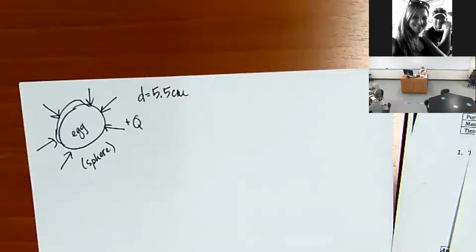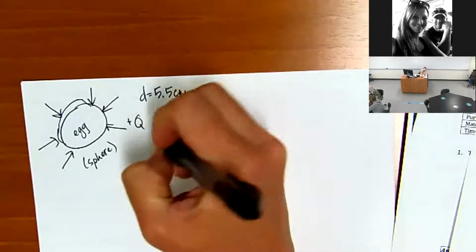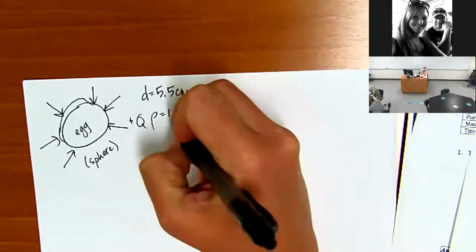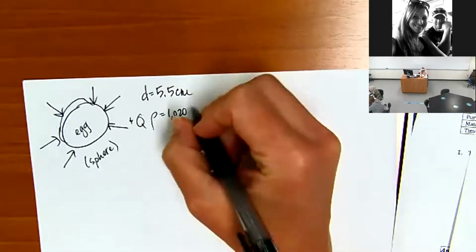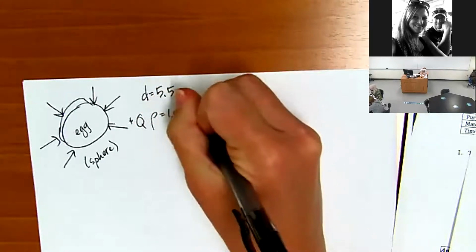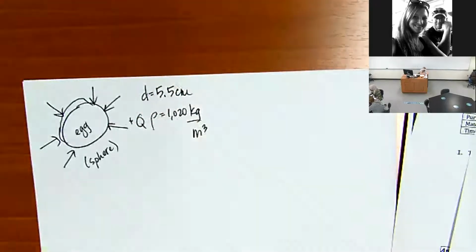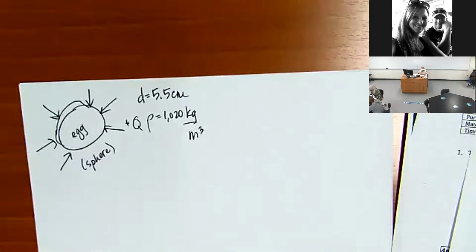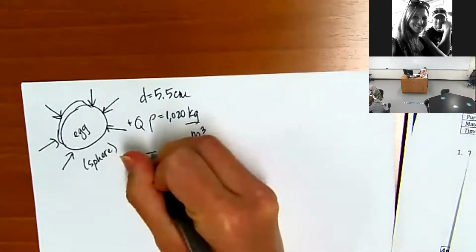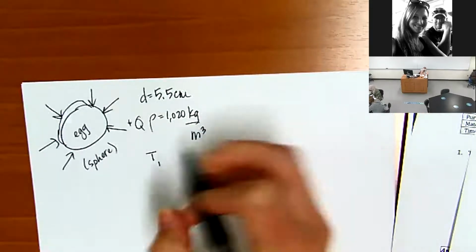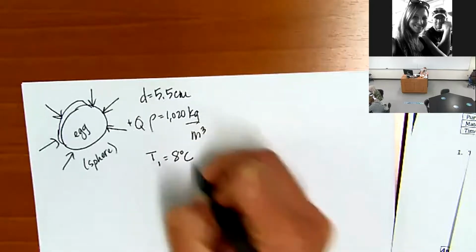And we know that the density is 1,020 kilograms per cubic meter. We know that the starting temperature, T1, is 8 degrees Celsius.